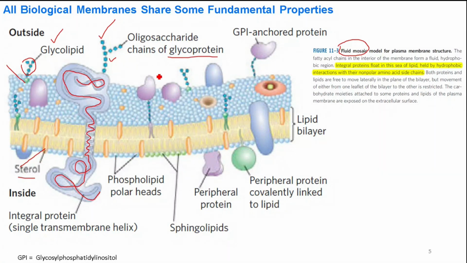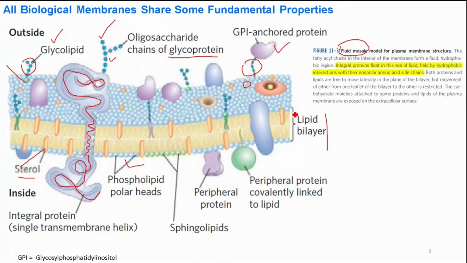The next component we can see is the phospholipids on the inner leaflet of the lipid bilayer. And we can see some of the proteins are attached through the GPI anchor. The glycosyl phosphatidylinositol component attaches some of the proteins to the membrane. And this is the lipid bilayer.